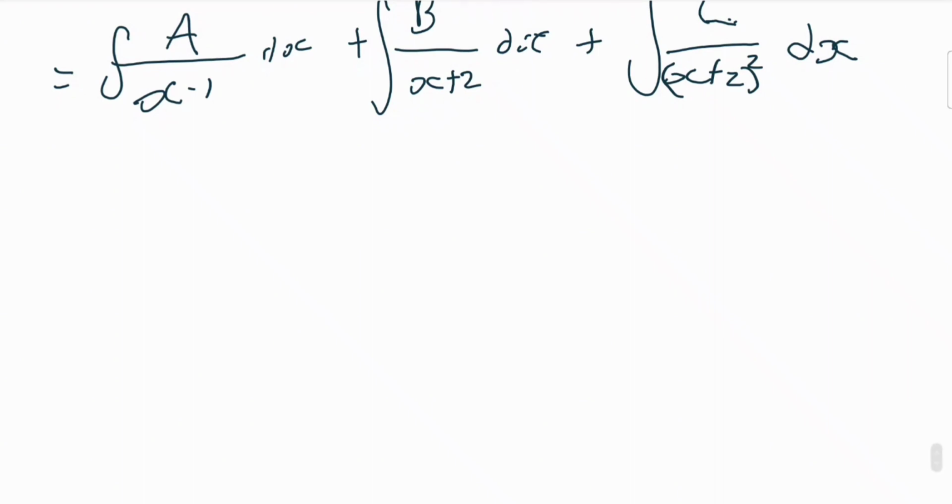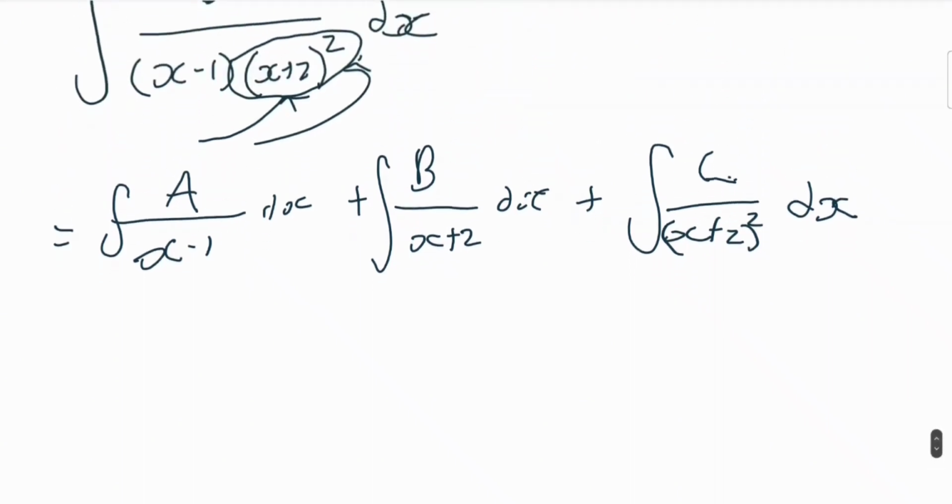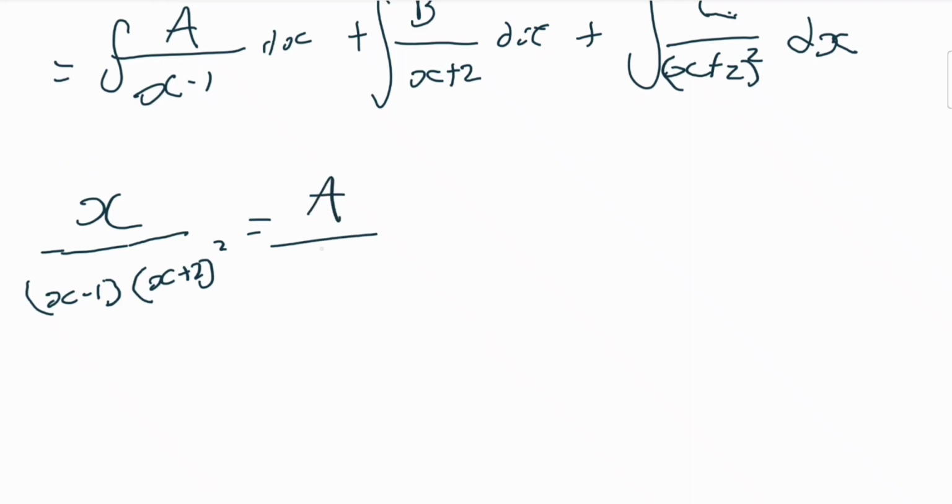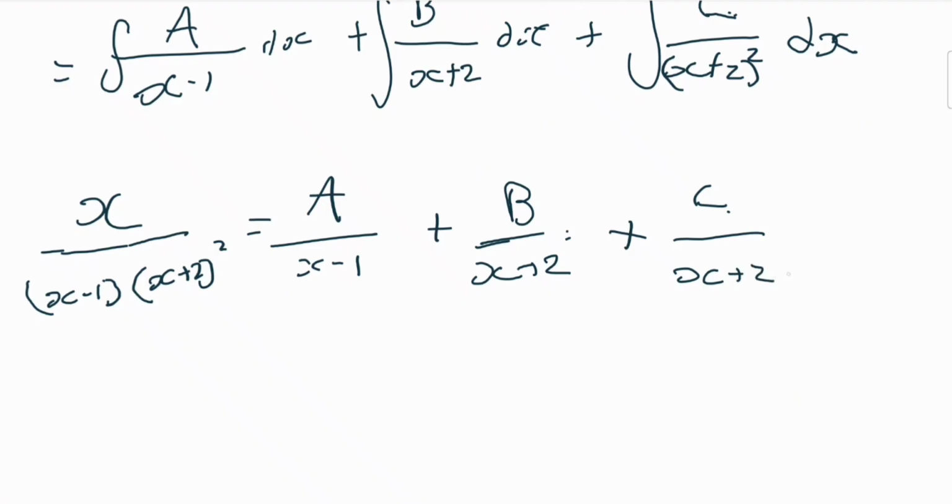Okay. So that means x over x minus 1 times x plus 2 squared is going to equal a over x minus 1 plus b over x plus 2 plus c over x plus 2 squared.